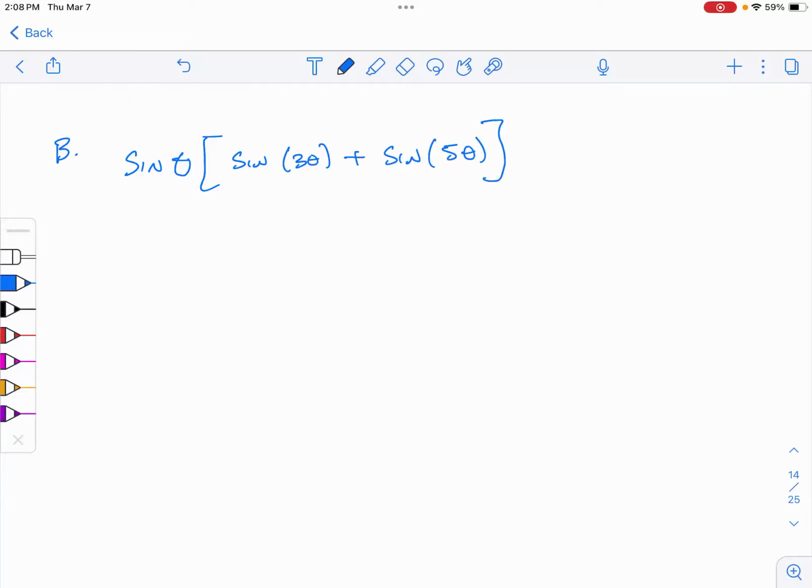So none of those double angle, none of those power reducing. What's left? Sum to product, product to sum. Usually with all algebra, where do you start, with the parentheses? Right, you start inside the parentheses. So let's start with this deep inside piece. I have a sum there, so I want to use my sum to product formulas.